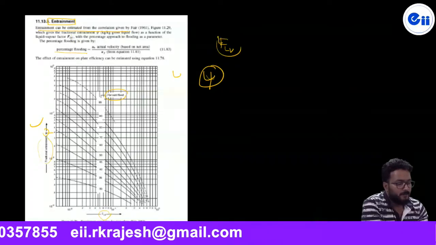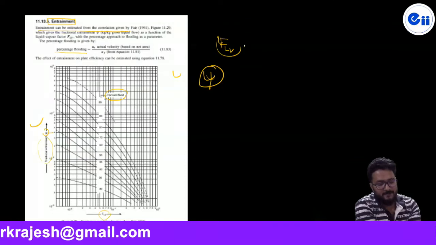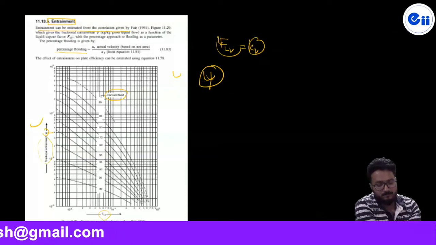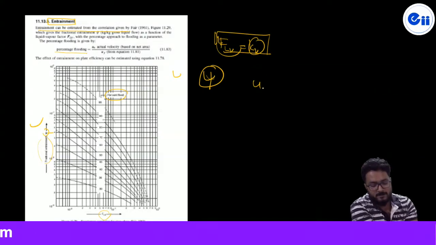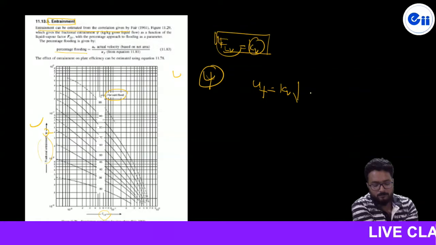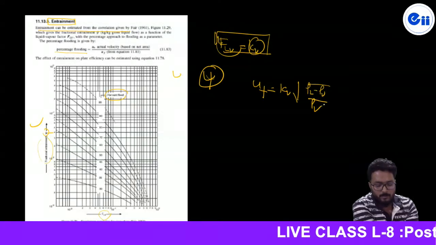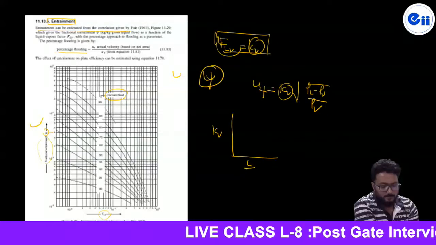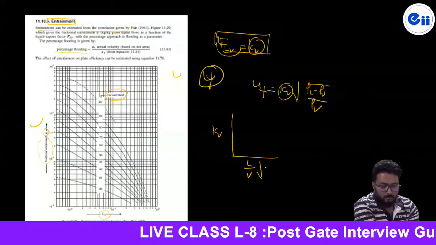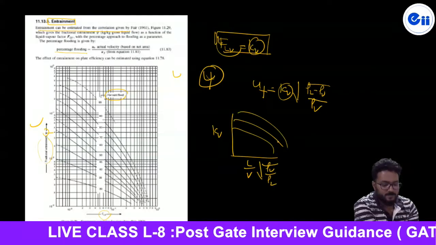So on the basis of FLV, and FLV is obviously, as I've told you, just like kV actually, because previously I told you flooding velocity is equal to kV into under root rho L minus rho V upon rho V, and this kV we calculated from the chart as a function of L upon V under root rho V upon rho L, with plate spacing as parameter.